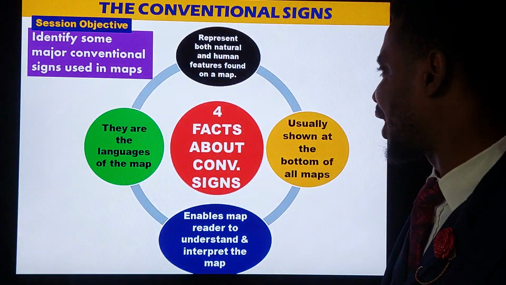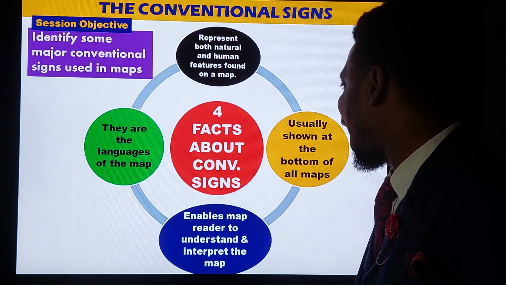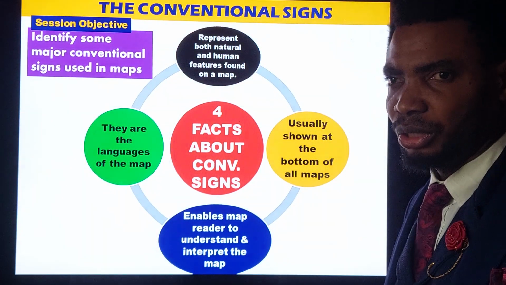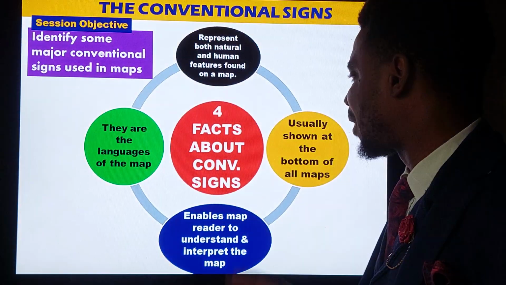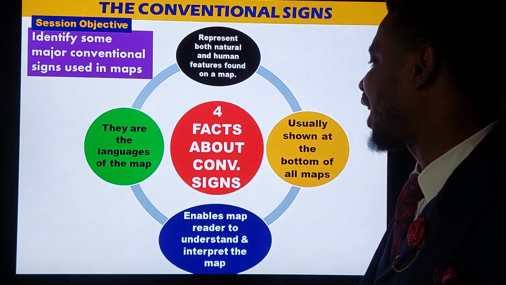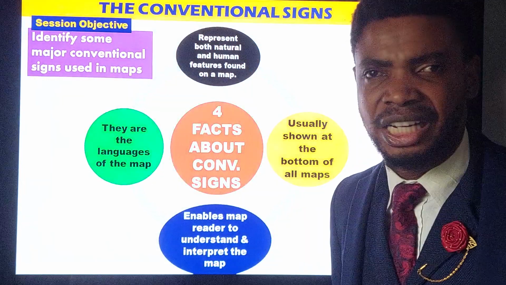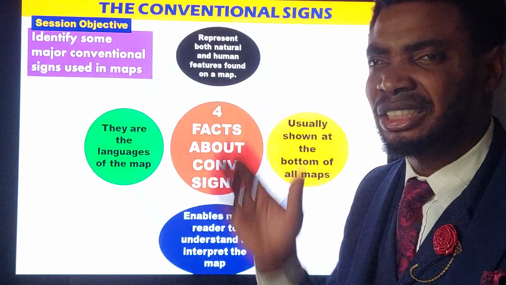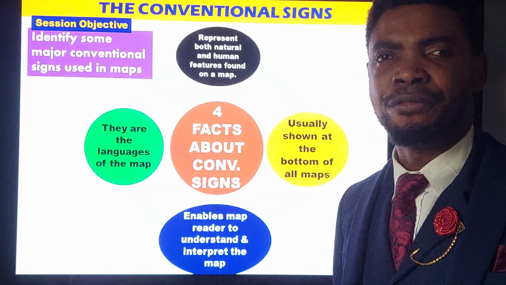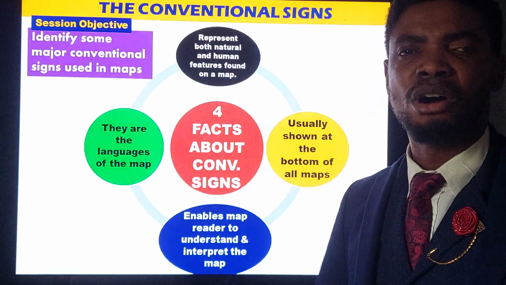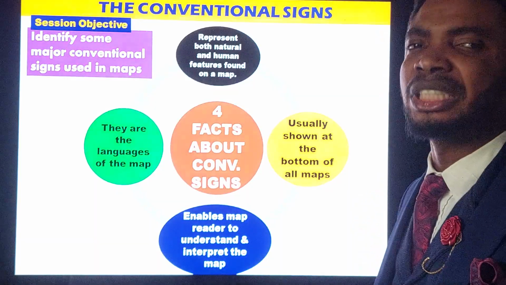Number 3 fact is that they are usually shown at the bottom of all maps. Then number 4 is that conventional signs enable the map reader to understand and interpret the map. Like I said, without conventional signs, you can't interpret the map. So invariably, what we are saying is that conventional signs hold the key to interpreting the map.